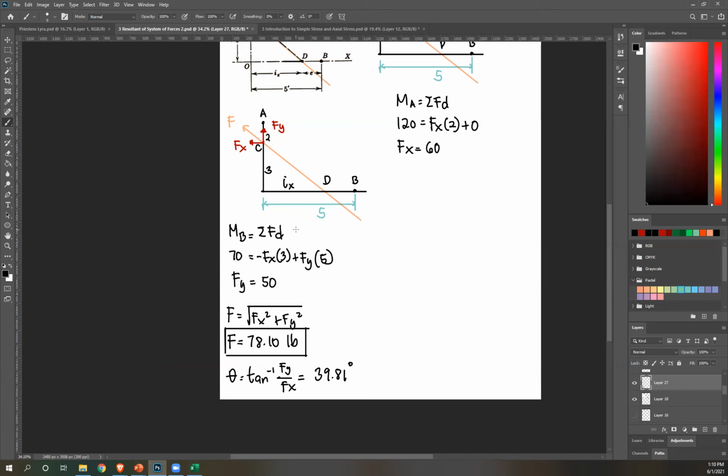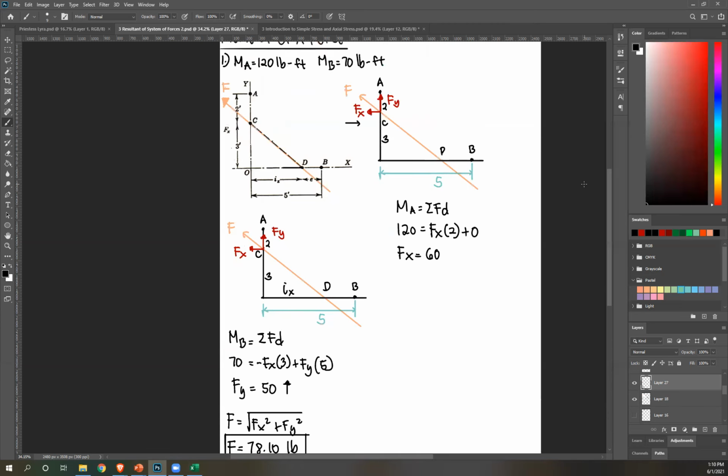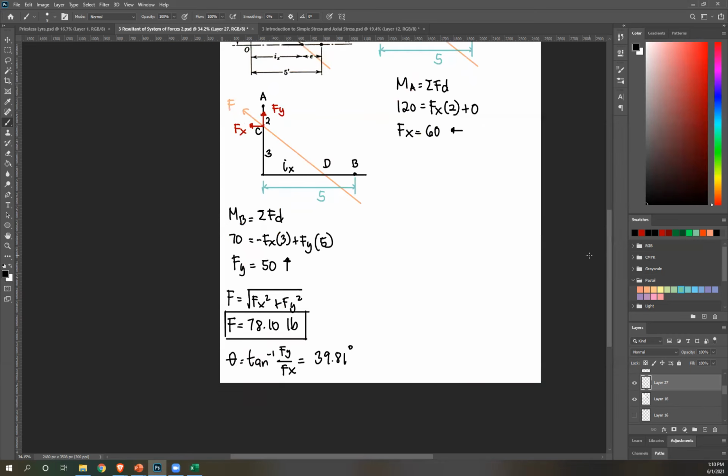For this case, positive sign just means correct assumption. So here, correct assumption, Fy, so that's upwards. So again, here, correct assumption, which is to the left. So the direction here is to the left, or upwards to the left.